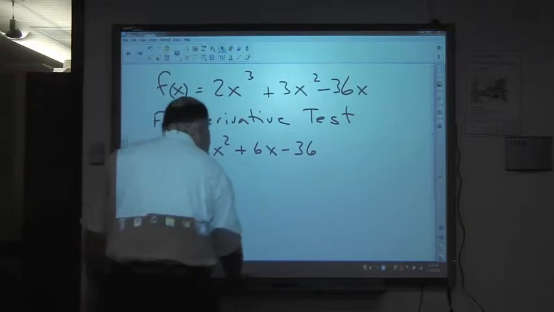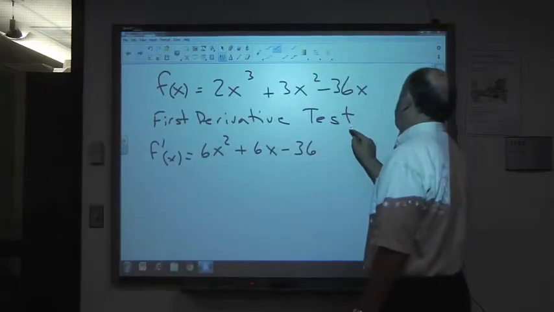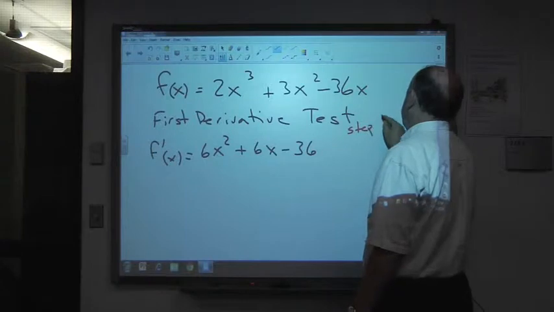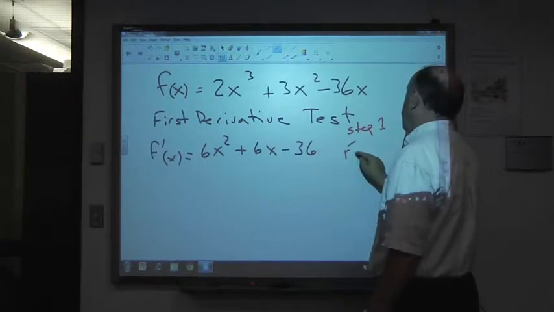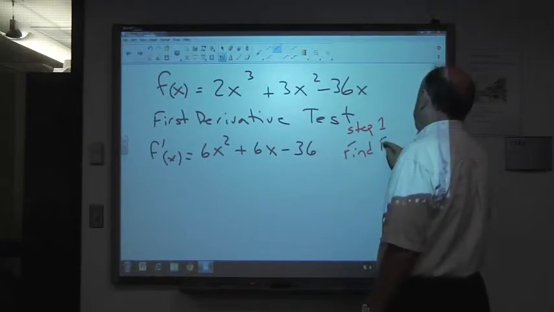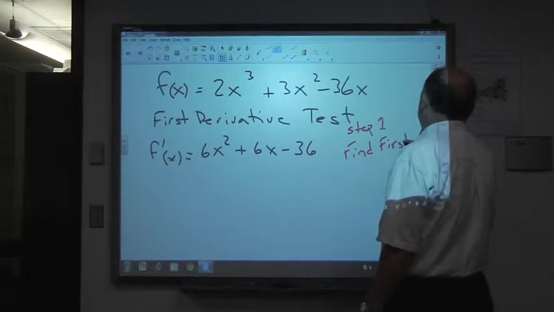So, step 1: find the first derivative, which we did.